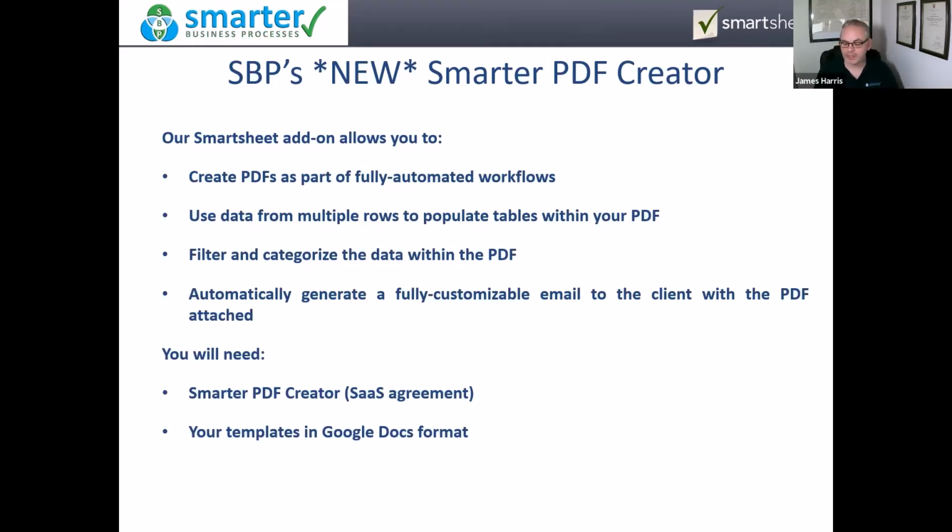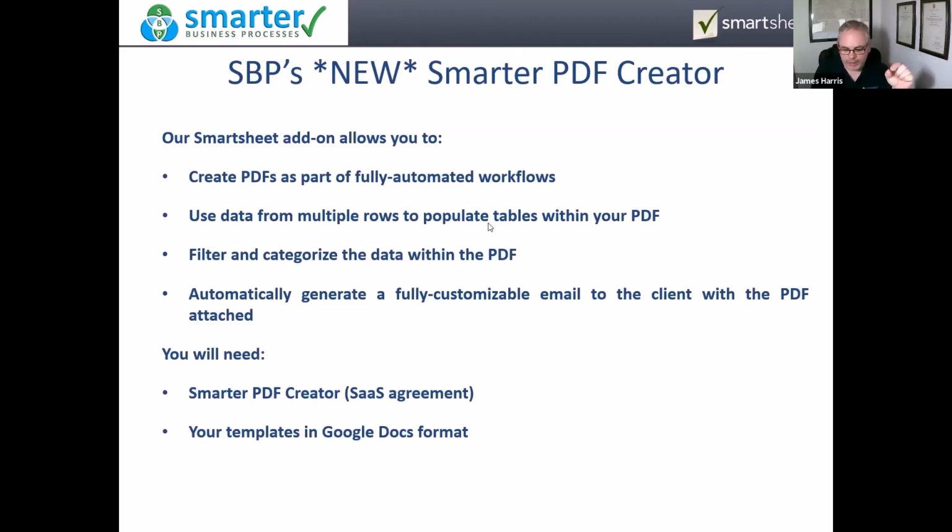Also, it only takes data from one row of one sheet, whereas sometimes you need to create a PDF with tabulated data from perhaps more than one sheet, and our solution will allow you to do that.